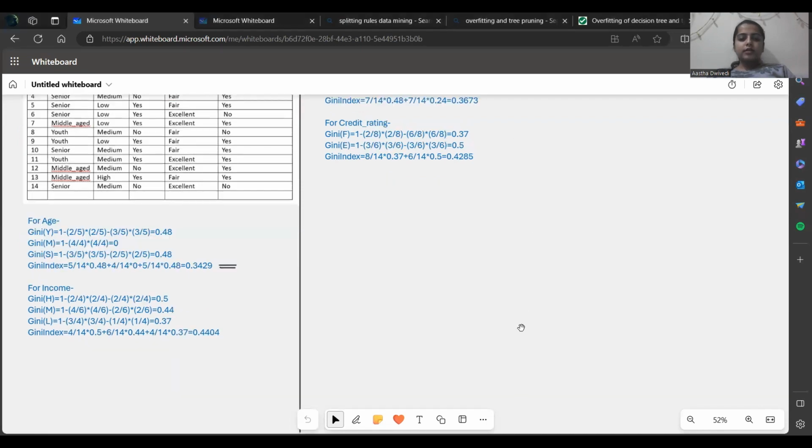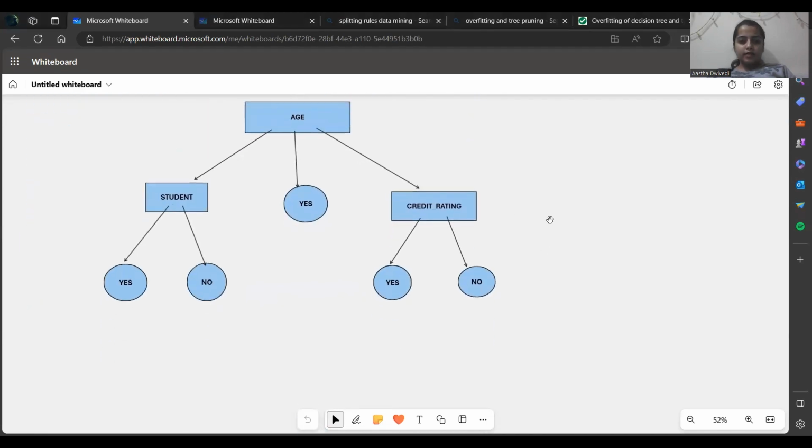So the decision tree will be this: root node age. Age has three attributes: youth, middle aged, and senior, so it will split into three. If youth, we will see student.